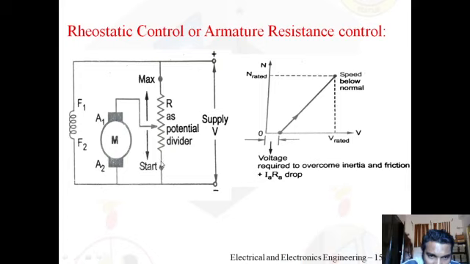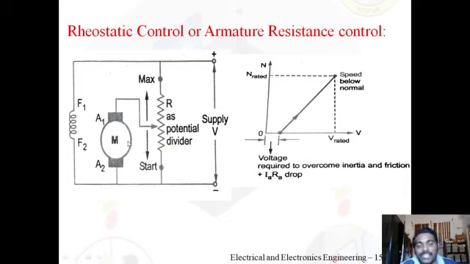Now slowly I will increase the value of resistance like this. Now I have placed it at this particular point. Whenever some amount of resistance is included, a fraction of the rated voltage will appear across the armature circuit.